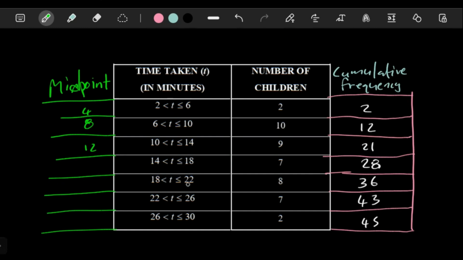It looks like it's going to be 32, the middle is 16, and then the next middle is 20. It looks like we're just jumping by 4 every time. So here it's going to be 24, and here it's going to be 28. Okay, so this is how you work out the mean, right?